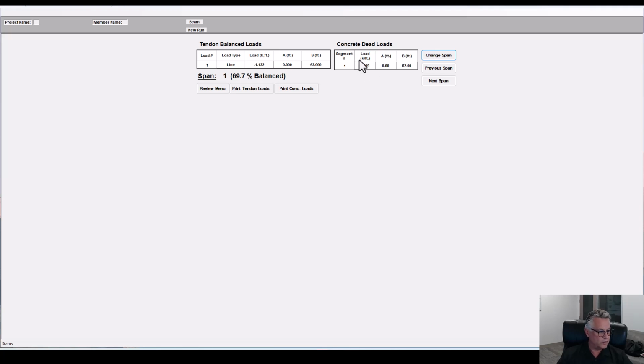That's why we only put in the superimposed load of 2 pounds a square foot. The program knows how much concrete there is and calculates that. And then this percent is just how much of this concrete load we are balancing with that tendon load. If you remember, the next span we were at 1.128 with equivalent loads. Span 2, same concrete weight.